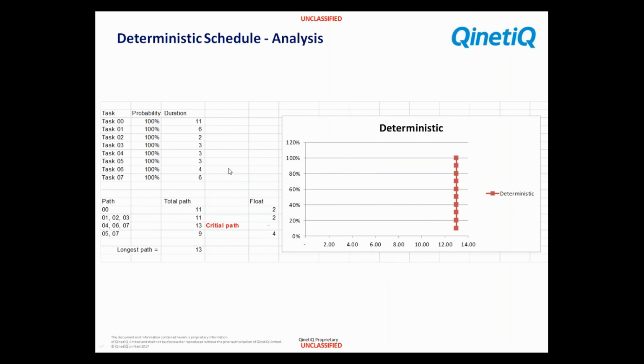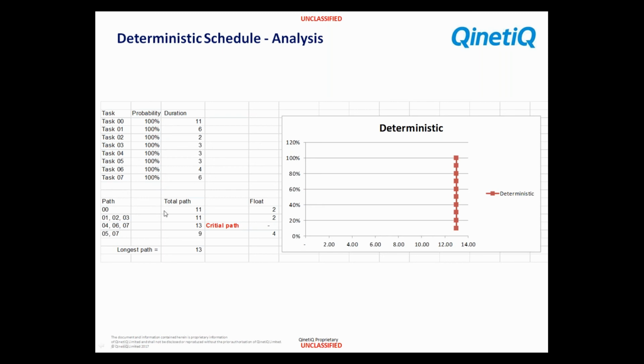Again, I can plot this in a spreadsheet if I wish to. Okay. So at the top here, what I've got, again, are all the tasks. They are my baseline tasks. They are going to be done. The probability is 100%. And the duration, how long does it take me to do them, are also indicated.